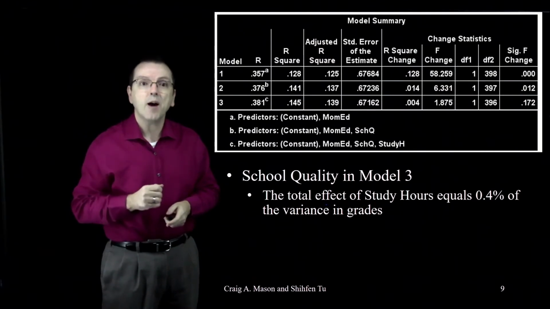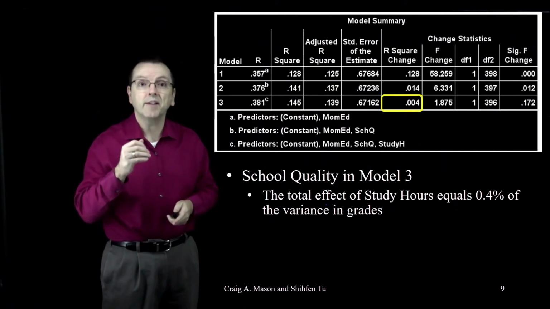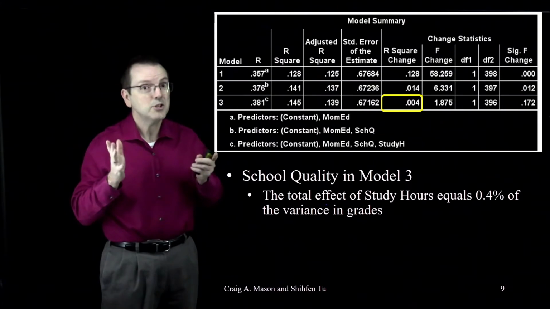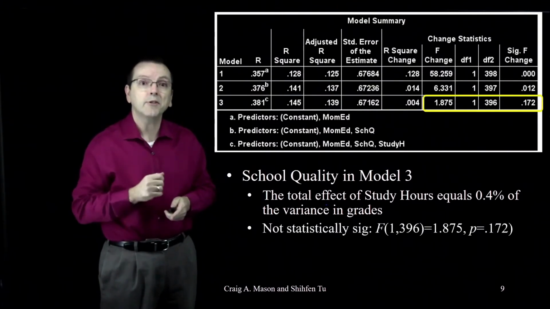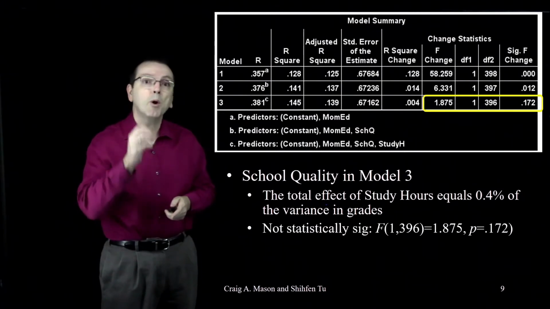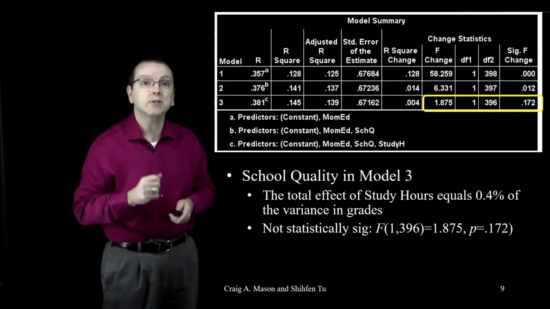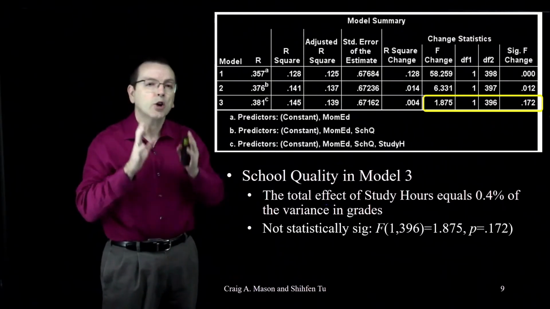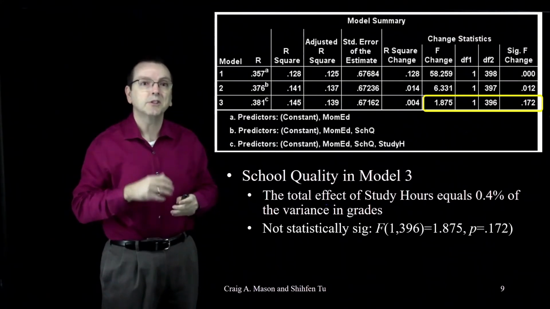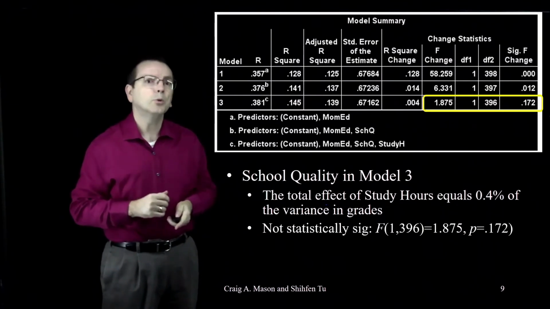The addition of study hours has increased the total R squared by 0.004 or 0.4% of the variance in grades, which is not statistically significant, with an F with 1 and 396 degrees of freedom equal to 1.875 and a p-value of 0.172. Now, this reflects the variance in grades that's uniquely due to study hours, beyond the effect that's due to mother's education and school quality.